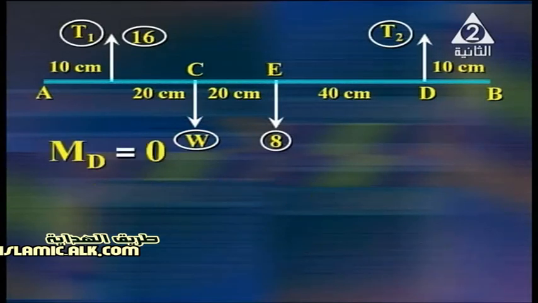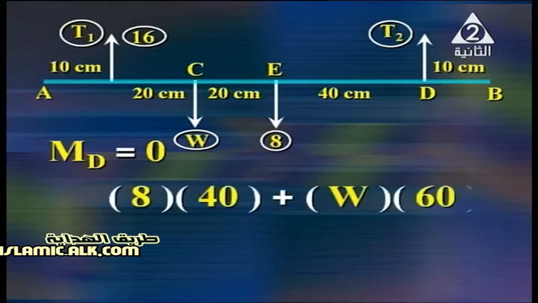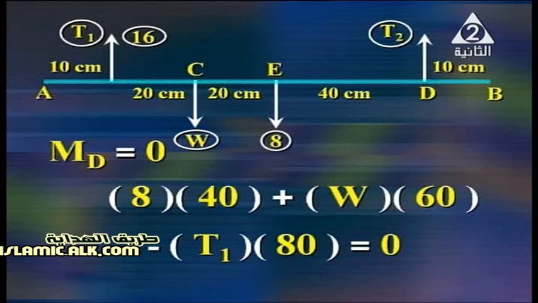Therefore, we find moment about D. Look at 8 times 40 plus W times 60 minus T1 times 80 equals 0.